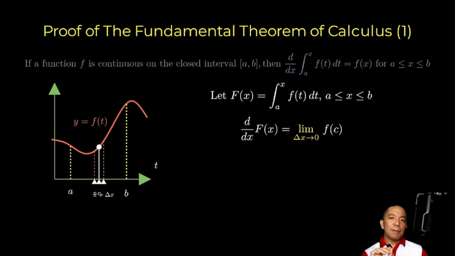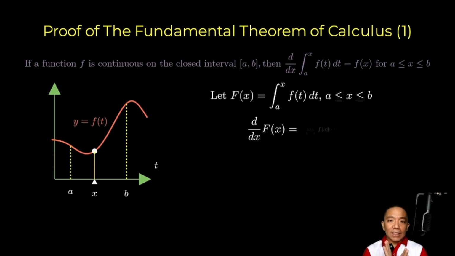And as this happens, c remains in between x and x plus delta x. So by evaluating the limit, we are squeezing yung value ng c between x and x plus delta x. And the squeeze theorem will tell us that that means eventually, yung c natin, that will be equal to x. Kasi may ipit na siya dun eh. So we could replace yung limit as delta x approaches 0 of f of c with f of x.